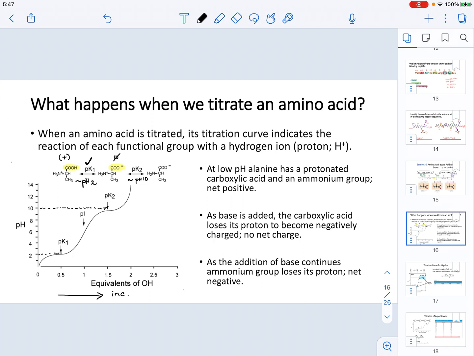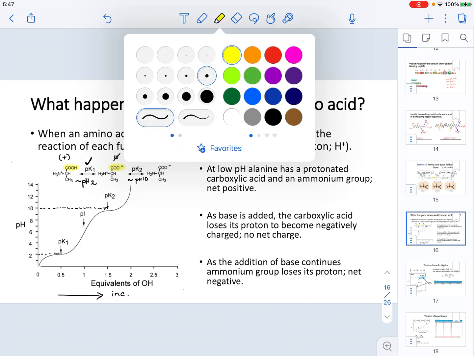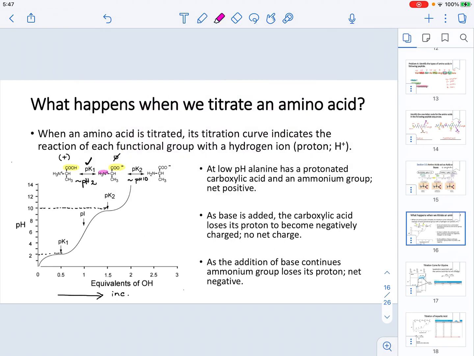If we relate it to the previous slide, we know that that corresponds to the pKa of the protonated ammonium. If we keep track of our functional groups, our protonated ammonium has lost a proton and is now neutral, so the overall charge of our amino acid is negative.